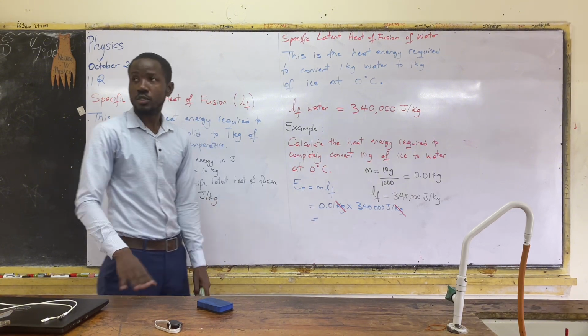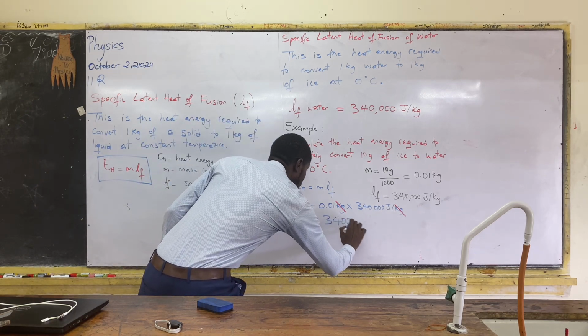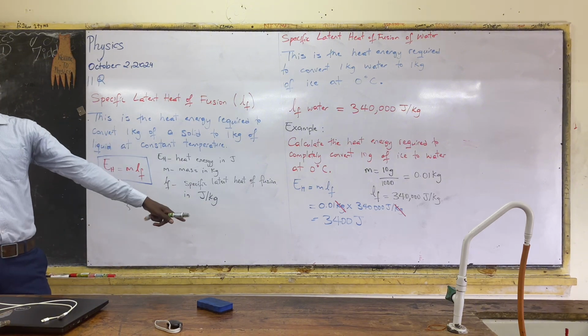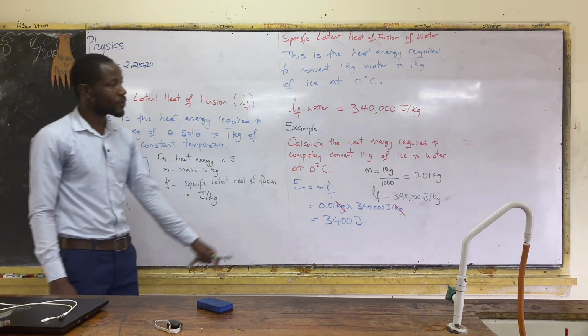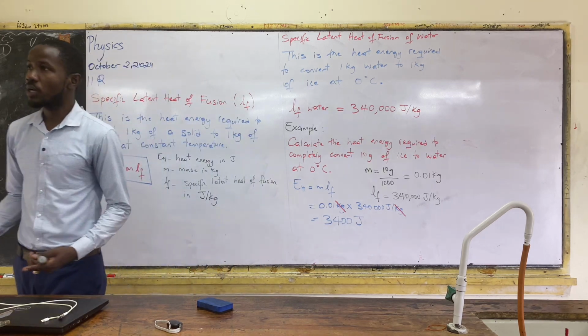0.01 times that, 3,400, right? So 3,400 joules. We need that amount of energy in order to convert this mass of ice to water.